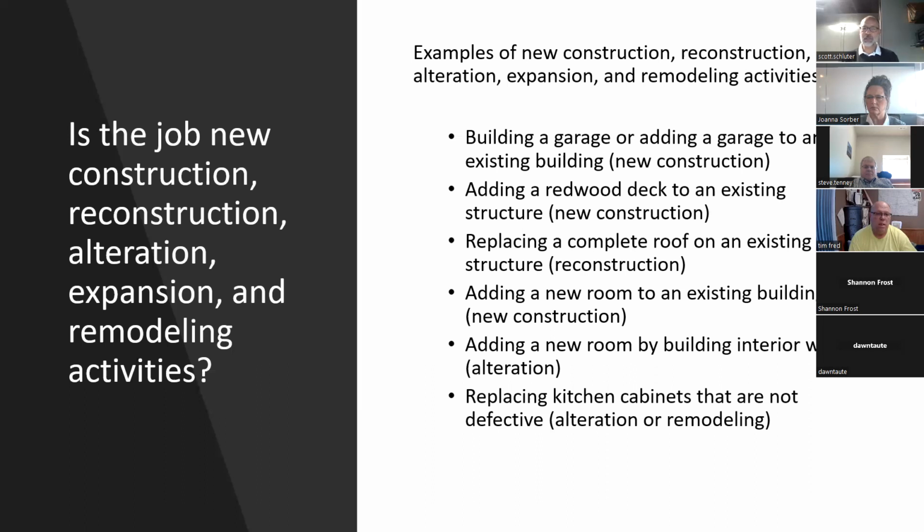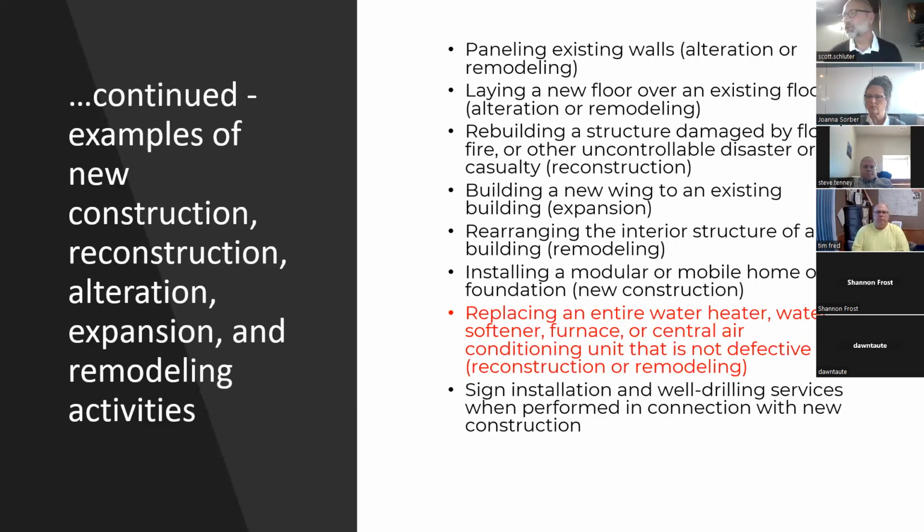And there's an example coming up of what happens if something is replaced that's defective. Okay, next. So here are some more examples of new construction: paneling an existing wall, laying a new floor. Reconstruction is a natural disaster type of thing. Adding an expansion or a new wing to a building is new construction. A modular home foundation is new construction.